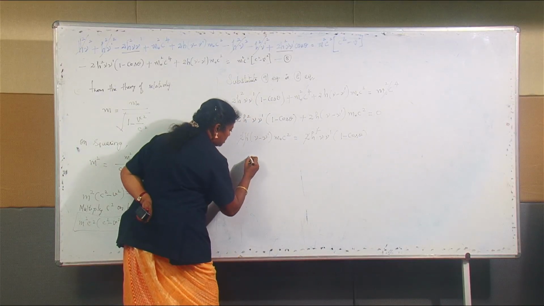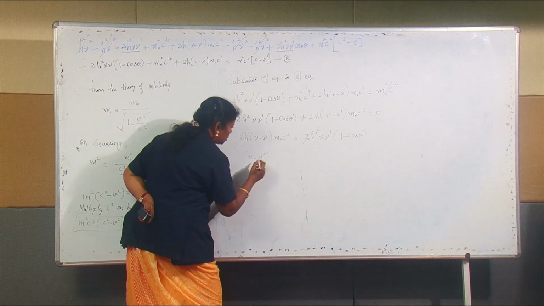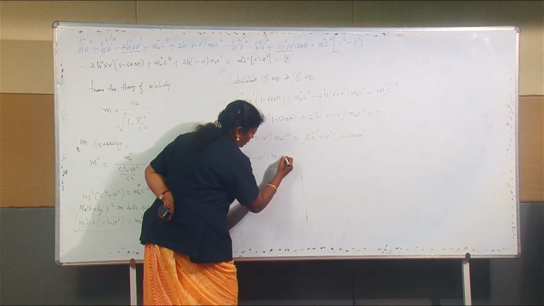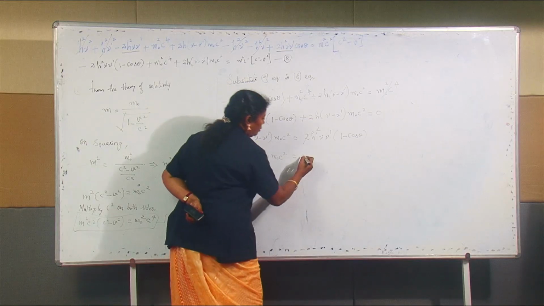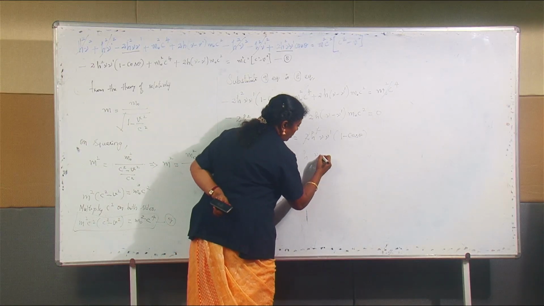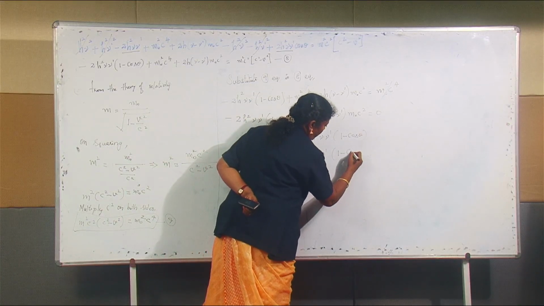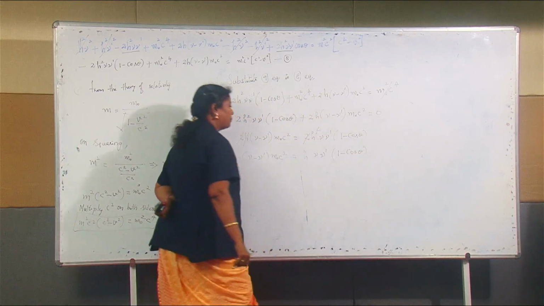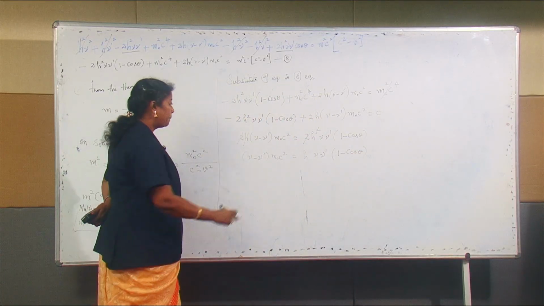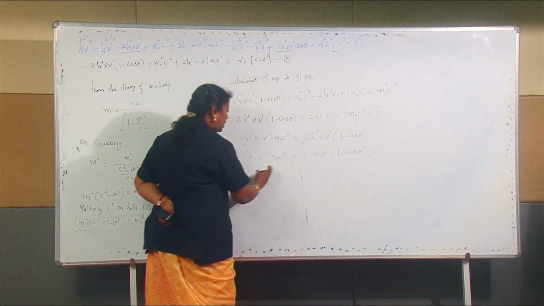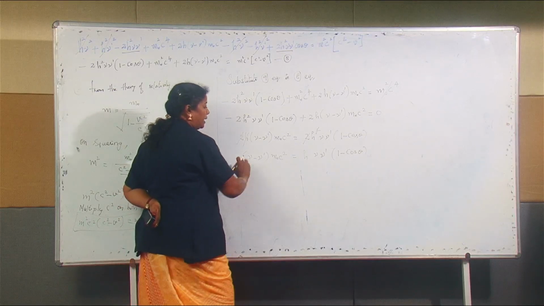So the remaining term is (nu minus nu dash) m naught c squared is equal to h nu dash (1 minus cos theta).